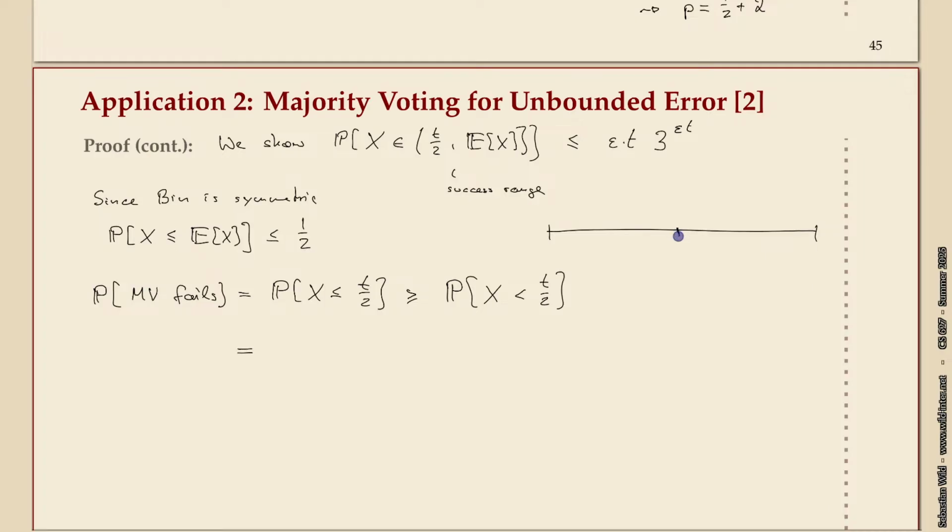If you think about the whole range that x could take, there's t/2 here in the middle. And then the expected value is slightly bigger. It's a tiny bit to the right. The range where we succeed is this green part. Sorry, x is greater than t/2. That's the green. That's where our majority vote is happy and succeeds.